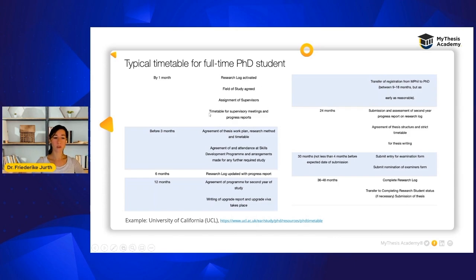This is what they require as a part of the preparation in the first month, and also, well, in the second. Then, until the third month, there has to be a complete agreement of the thesis working plan, of the research method, and also of the time and working schedule.